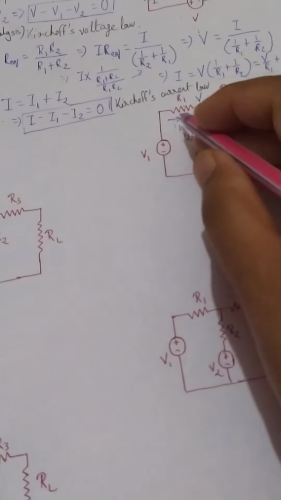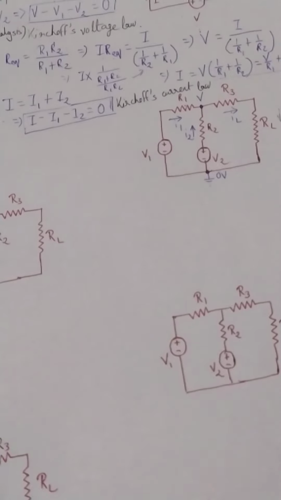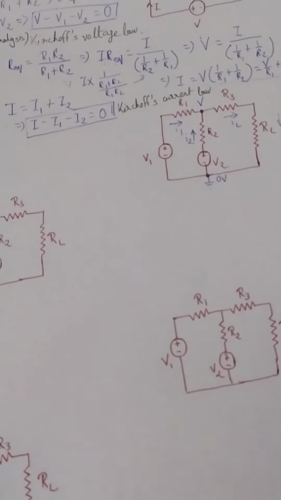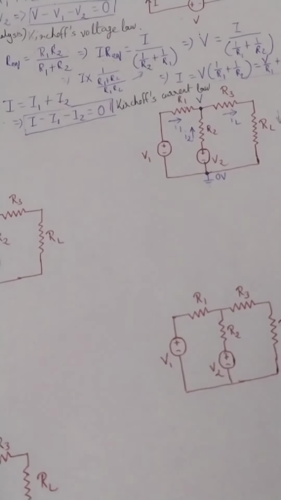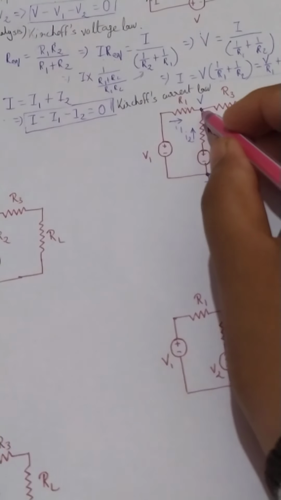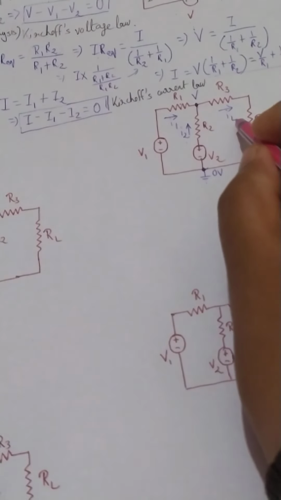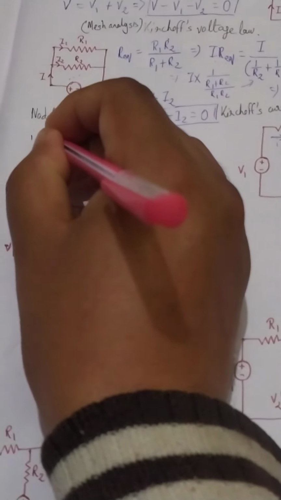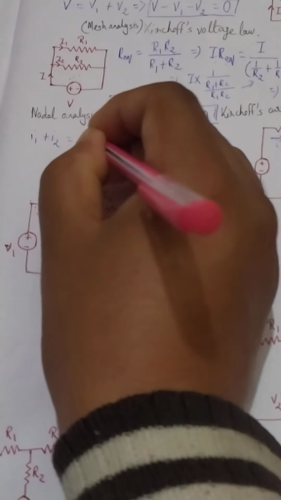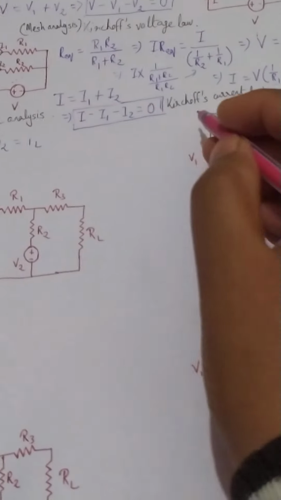If we have a circuit connection like this, how do we proceed to find IL? Just try to visualize it. In this node, the incoming currents are I1 and I2, and the outgoing current is IL. So we can write I1 plus I2 equals IL. Now what is I1?